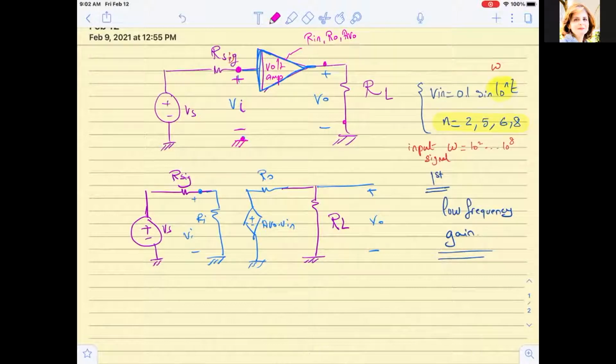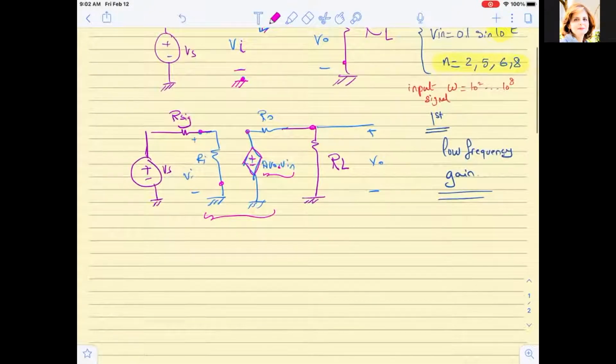And when we want to replace a voltage amplifier with its symbol, we replace it with Rn between Vn and the ground, a voltage dependent voltage source, which is AVO times Vn, and the output resistor, which is connected then to the load. So we removed the amplifier from the upper block and we replaced it by its model.